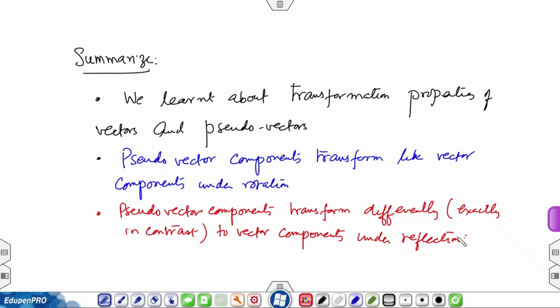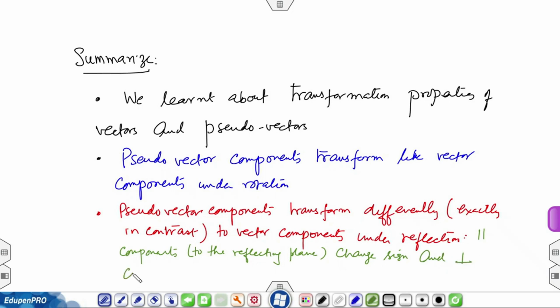And let me explain that a little further. In this case, parallel components to the reflecting plane change sign and perpendicular component to the reflecting plane remains unchanged.